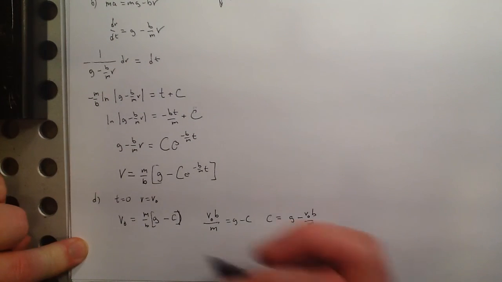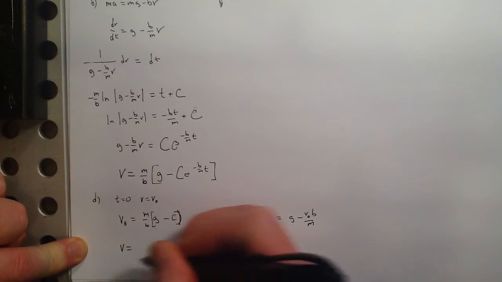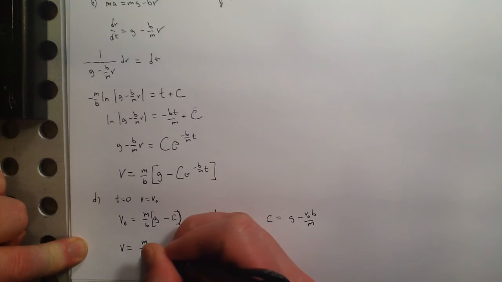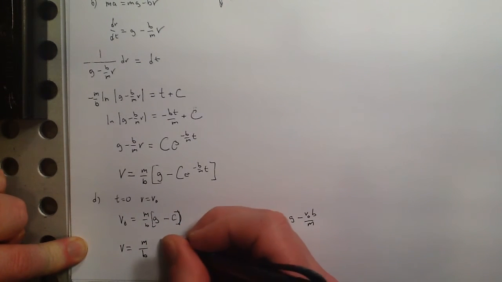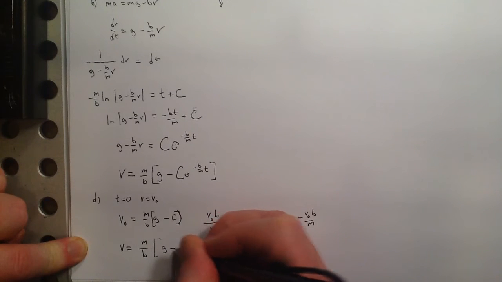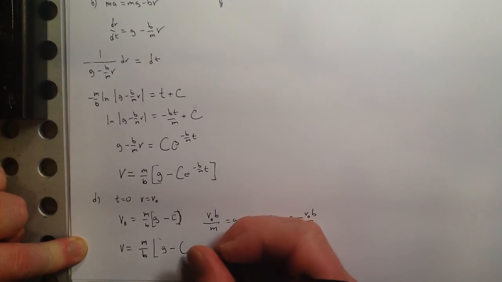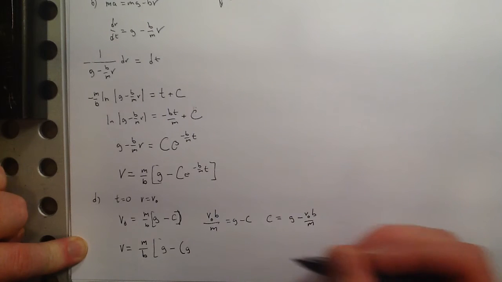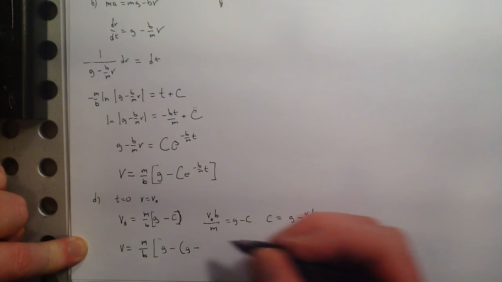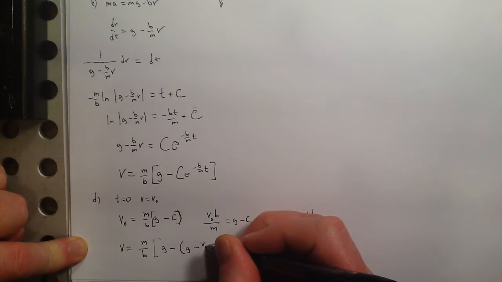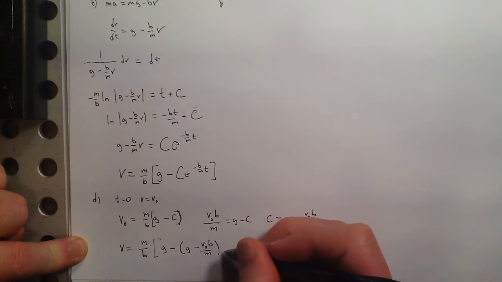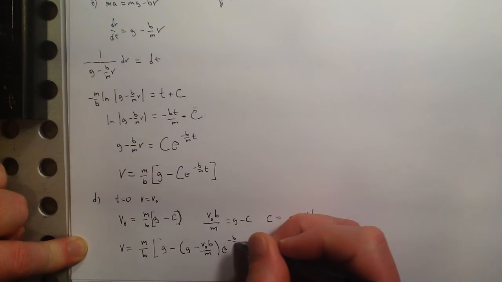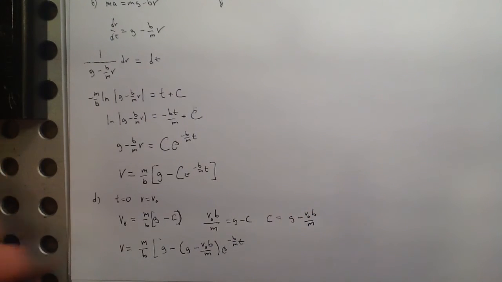All right, so that's kind of ugly looking, isn't it? But maybe we can clean it up a little bit. It's m over b times g minus, the c is g minus v sub 0 b over m, times e to the negative b over m t. I think I'm good.